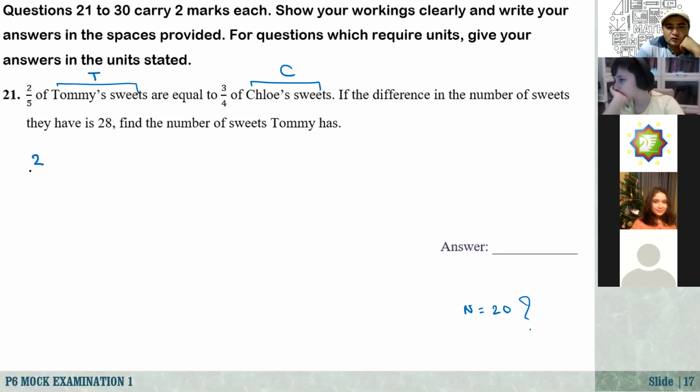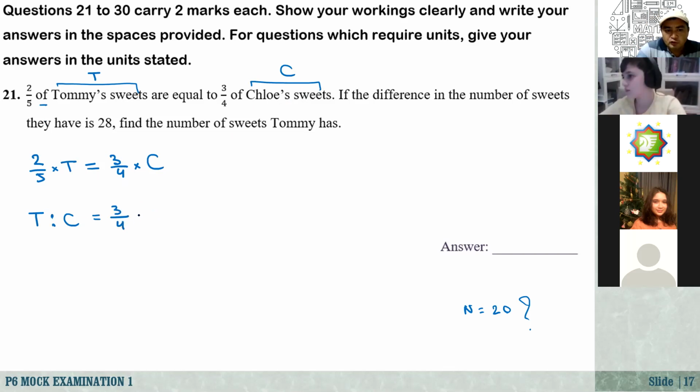It says 2/5. What does "of" mean in math? It is multiplication, right? 2/5 times Tommy's sweets is equal to 3/4 of, meaning times again, Chloe's sweets. So what does it mean? From this relationship, the ratio of T to C is equal to 3/4 to 2/5.